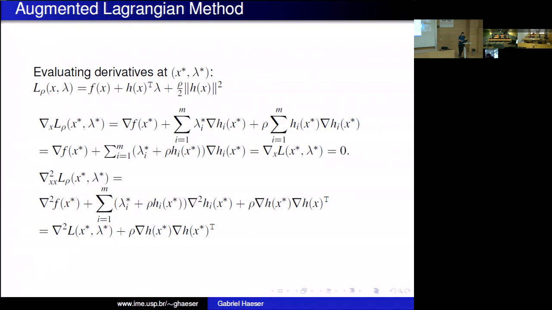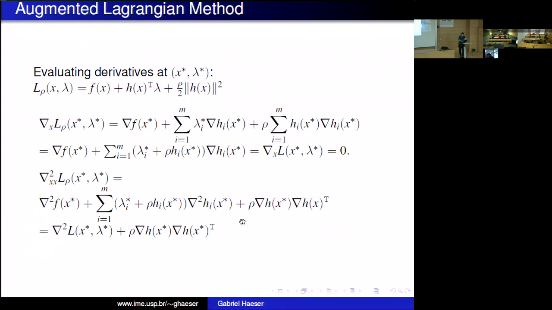And let's look at the Hessian. So now we are looking at this formula, and we want to compute its derivative with respect to x. So this gives you the Hessian. If you compute here, you use the product rule, you get the Hessian term plus this term here. It's the derivative of this term plus this one times this one. So it's something like this.